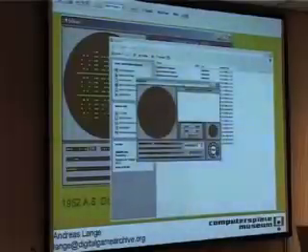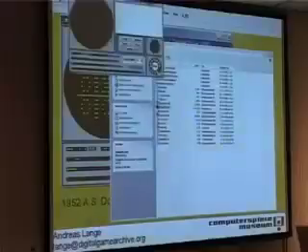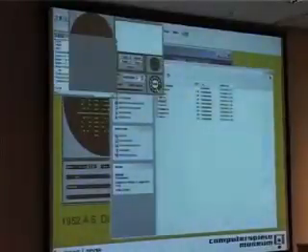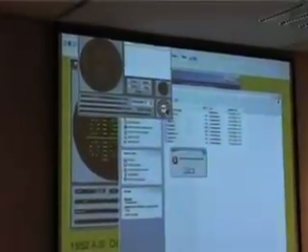Okay. Oops. Why does this do it? Oops, sorry. Usually, I thought it's working with drag and drop. Sorry.